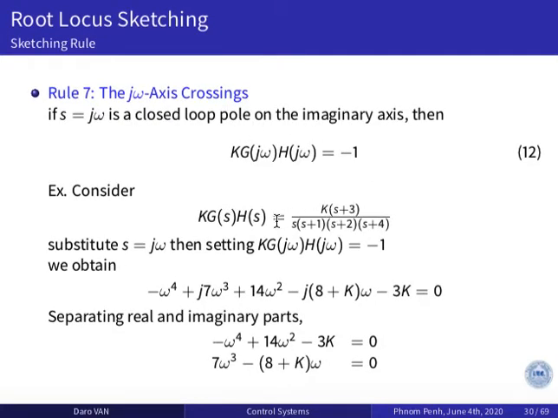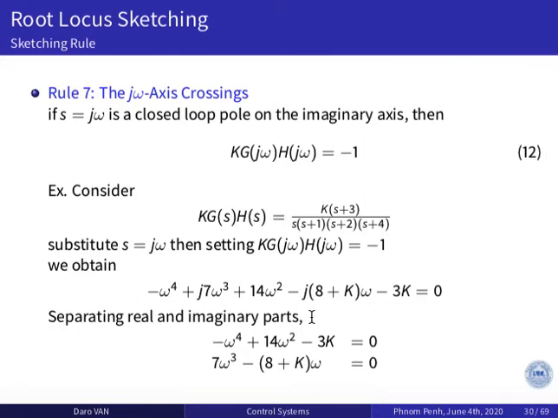Consider again these functions, and you can just substitute this s into this function. So you will have this equation. You can combine the real part and imaginary part and then solve these equations.